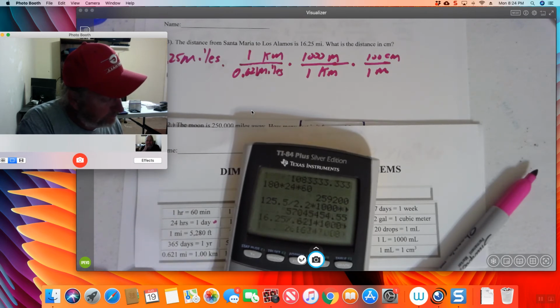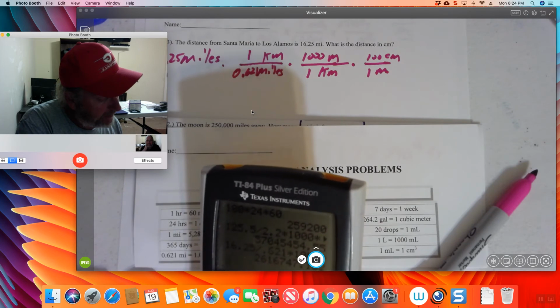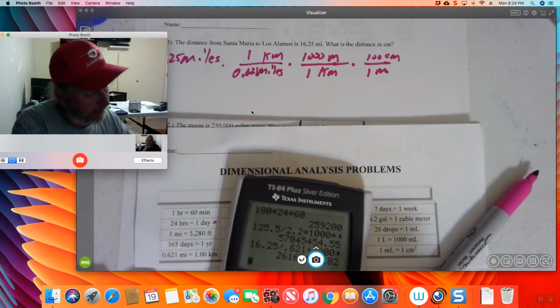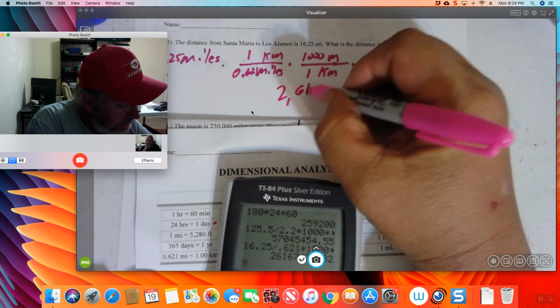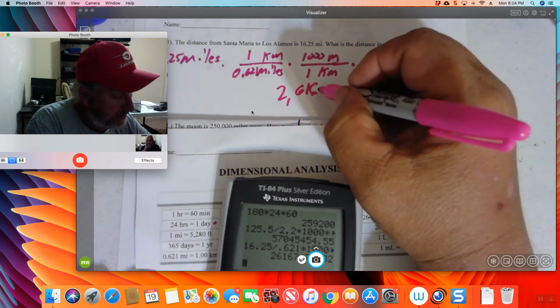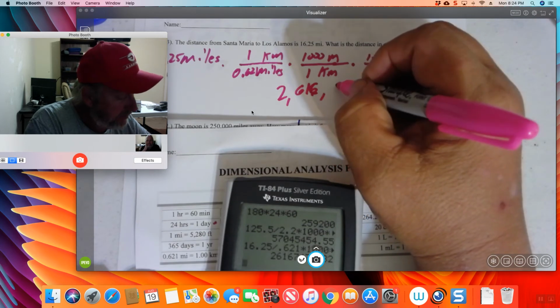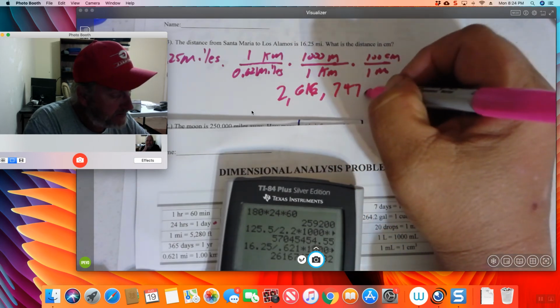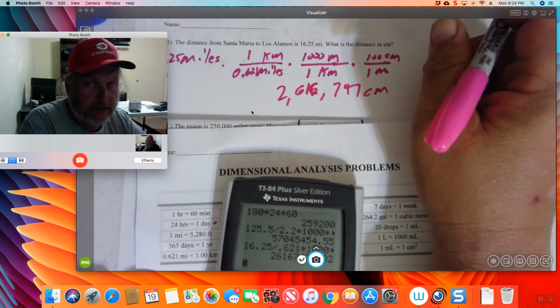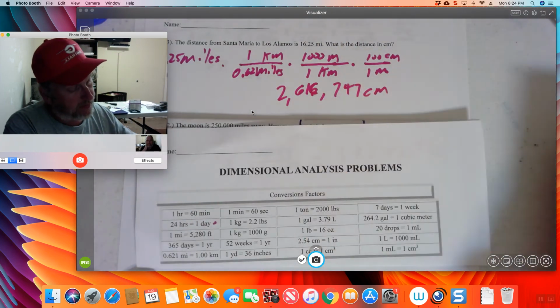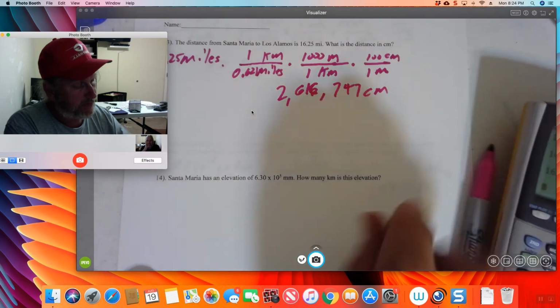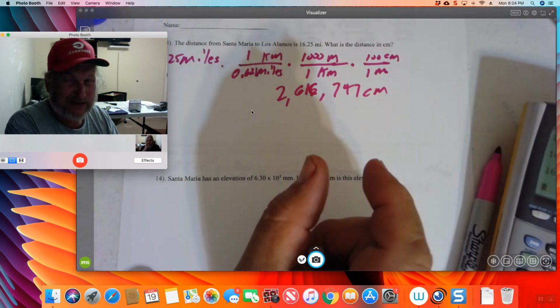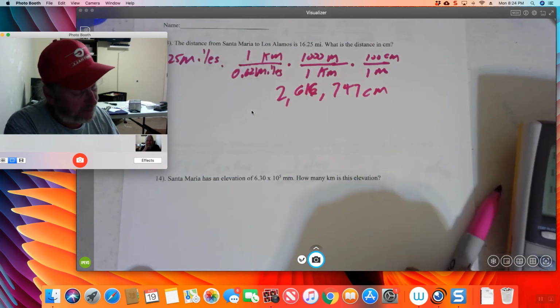Let's see what we get. It should be a big number, and it is a big number. Wow, that is 2,616,747 centimeters. That's a big number. That makes sense when you consider that a centimeter is like 2.5 inches. So there we go.